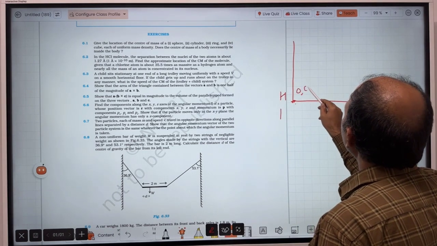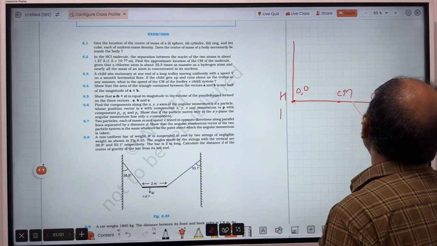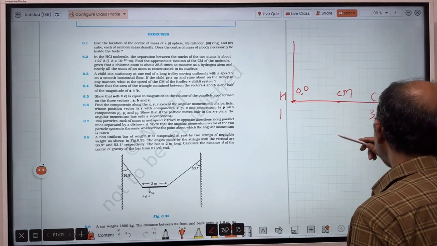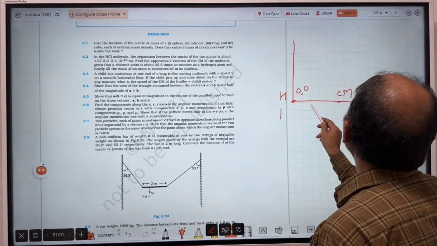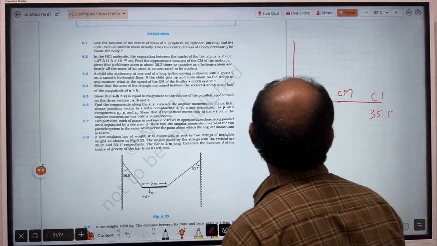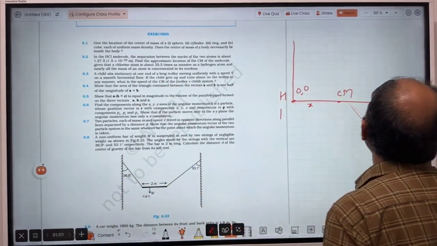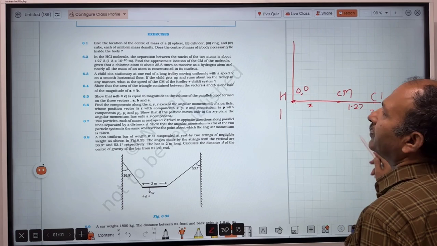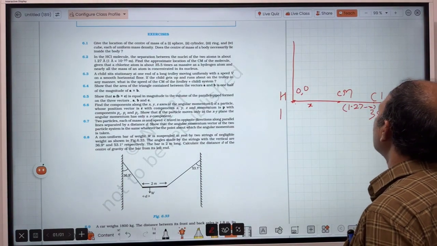Here this is origin. So let's say that CM lies over here. The separation between them is 1.27 angstrom, so this distance is x and this will be 1.27 minus x angstrom.